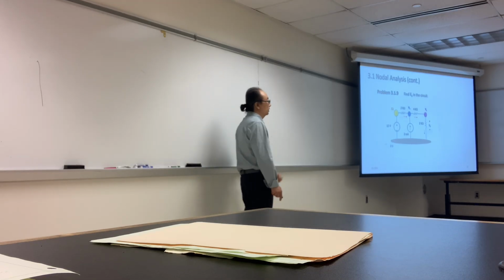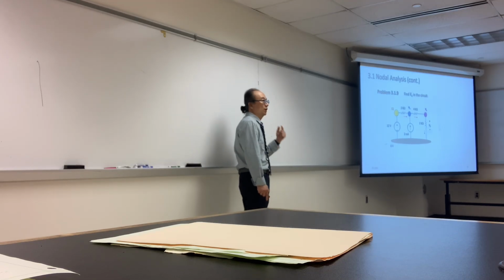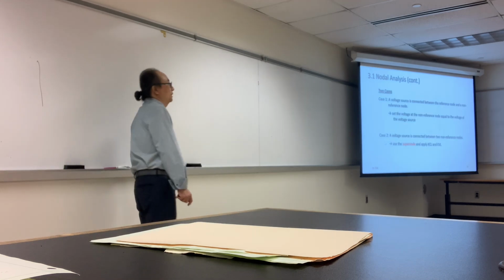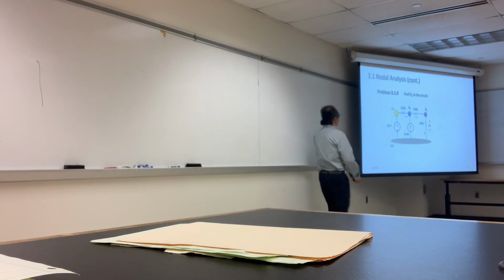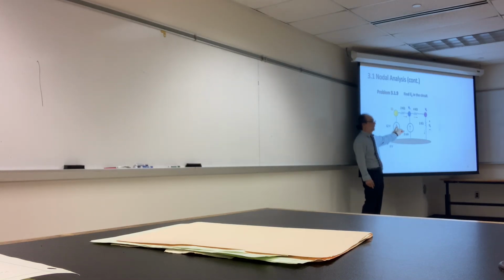And then now we need to do KCL for each node. That's what we did. And then there are 2 cases, just like what we have here as a 12 volts that is in between a non-reference node and the reference node. If that is the case, simply we call this voltage as a node name, and use this number to do the KCL.